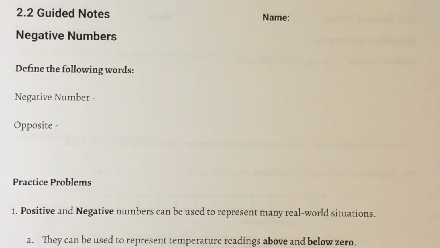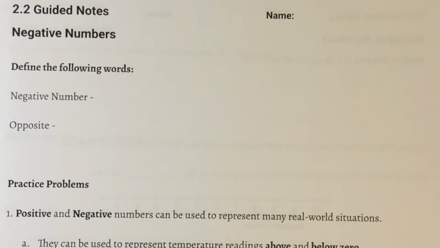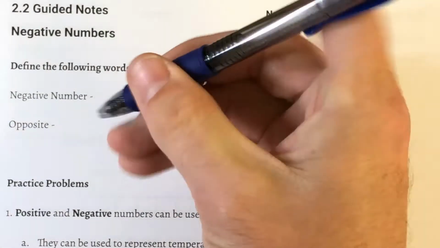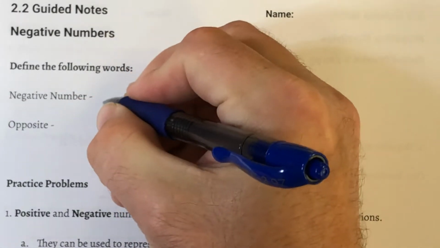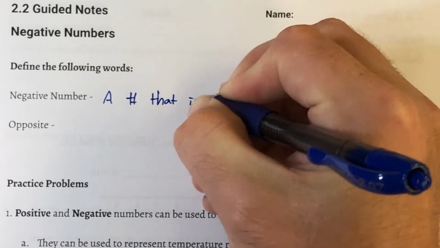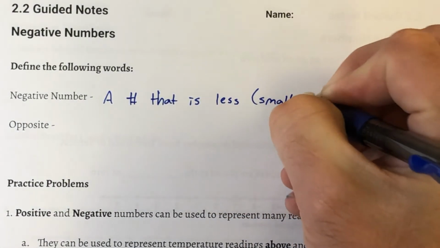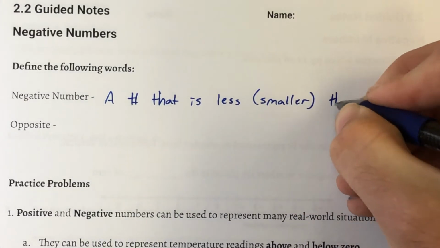All right, so we have two vocabulary terms. Our first one being negative number. A negative number is a number that is less, meaning smaller, than 0.